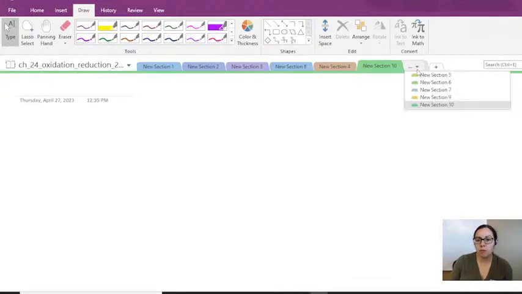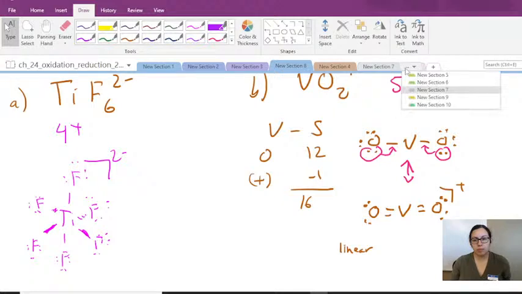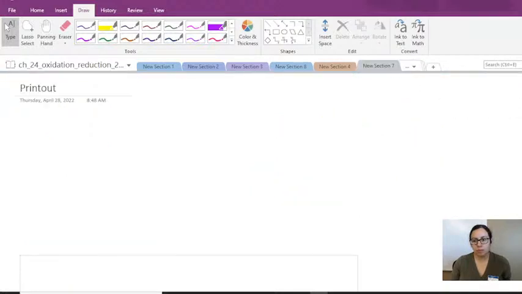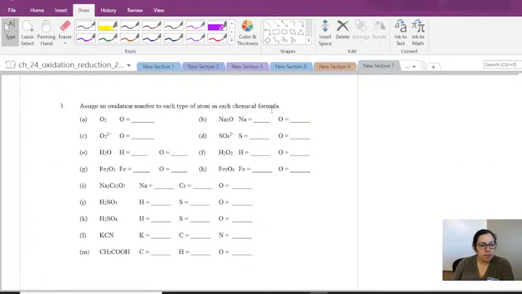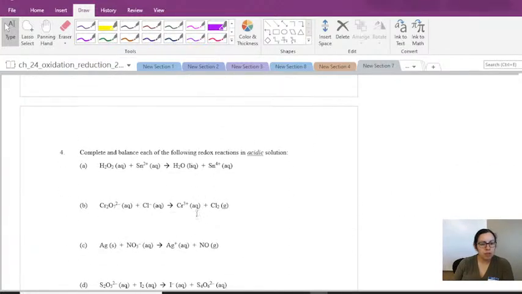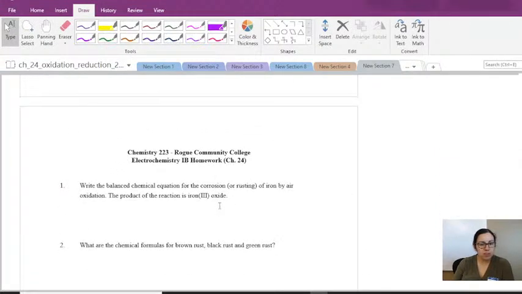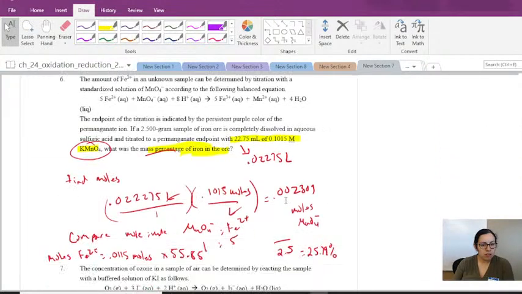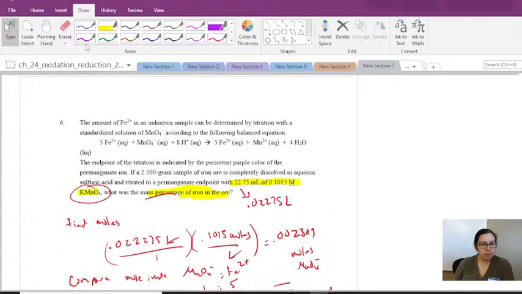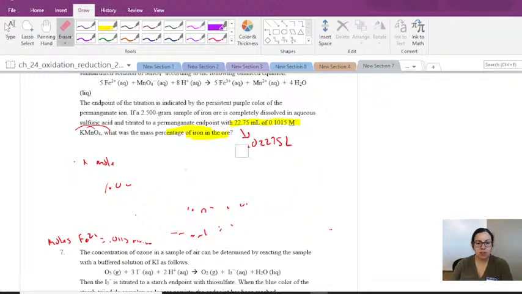Trying to find your homework, but I don't know where I put it. Oh, there it is. Let's see, so we have balancing equations. You could practice more of the titration.